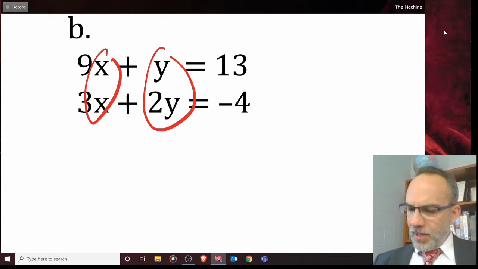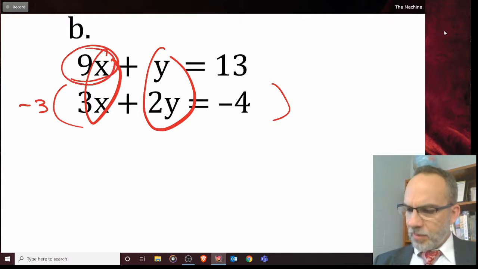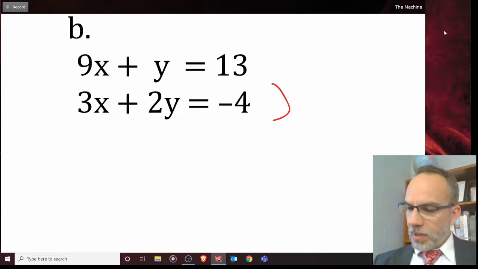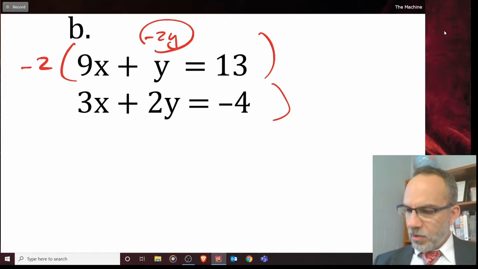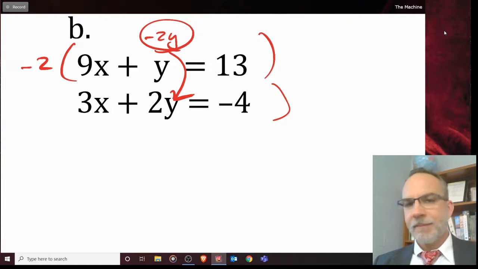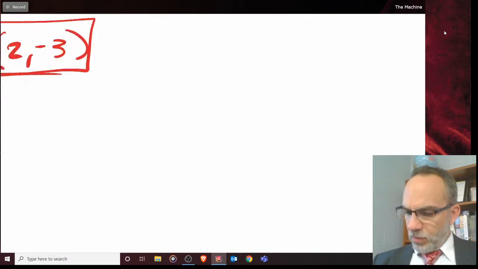If I multiply the bottom one by negative 3, it would give me a negative 9, and it will cancel with the positive 9 there. That would work. Okay. Or if you multiply the top by a negative 2, it would give you a negative 2y here, which would cancel with that one right there. Either way is fine. You can try it both ways and convince yourself of that. Okay. I'm going to move on though.